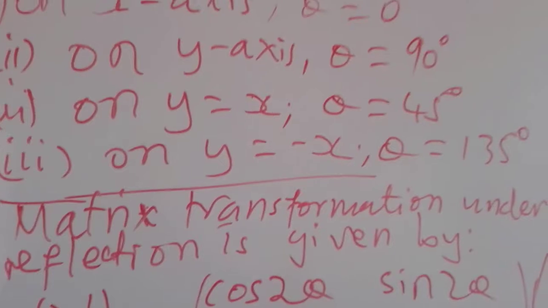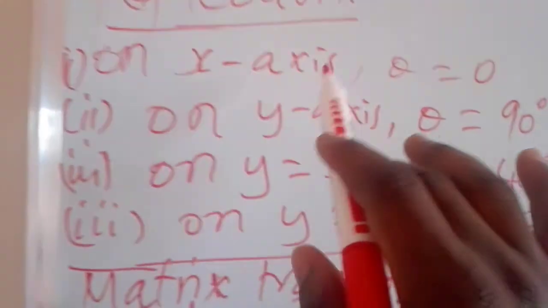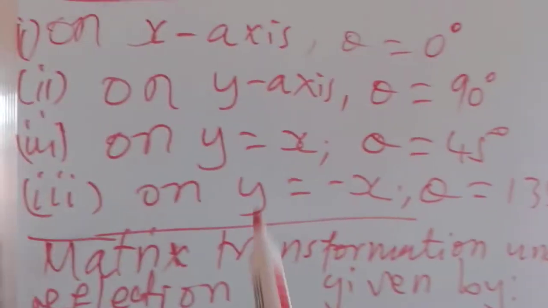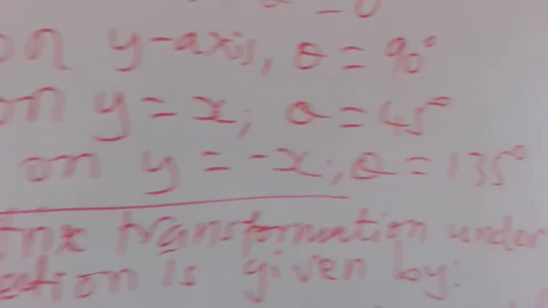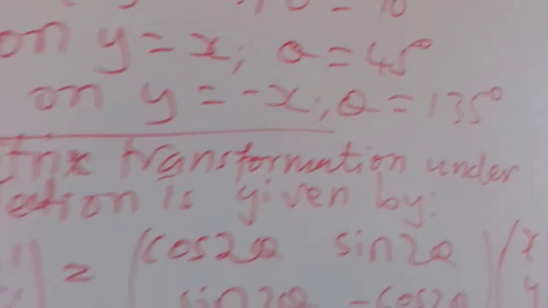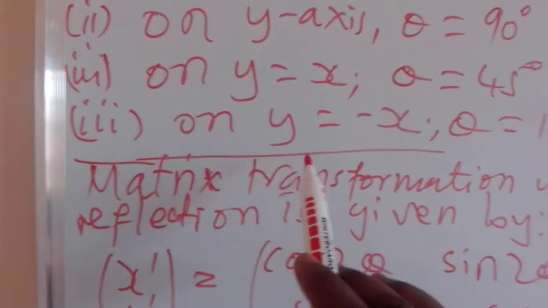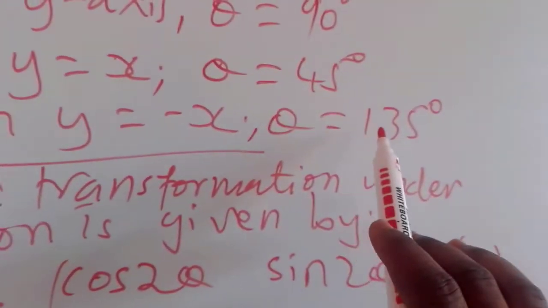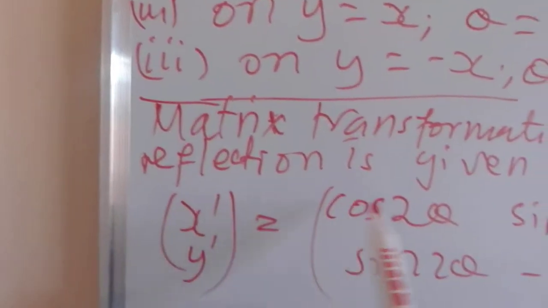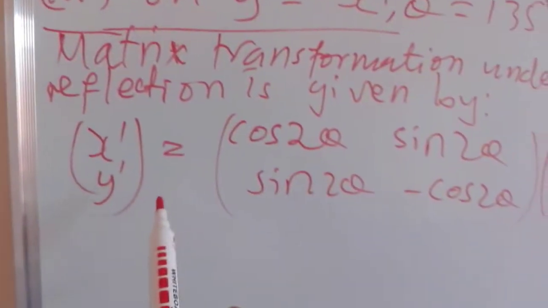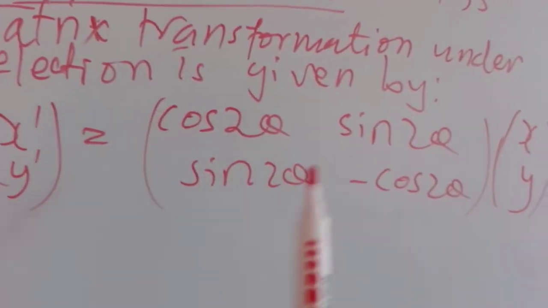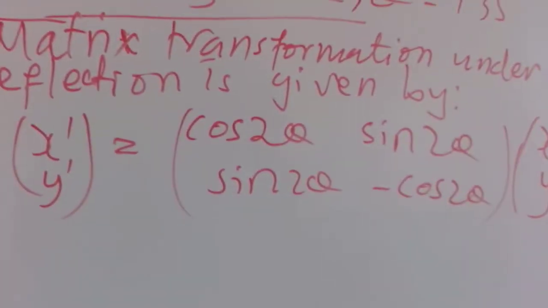So the matrix transformation under reflection is given by this general formula for finding the image of any point reflected on any line.